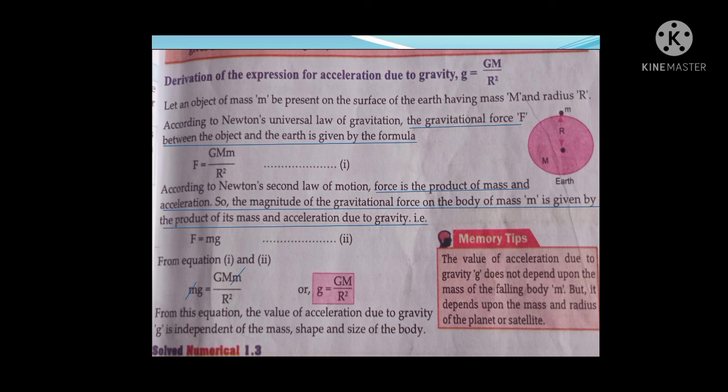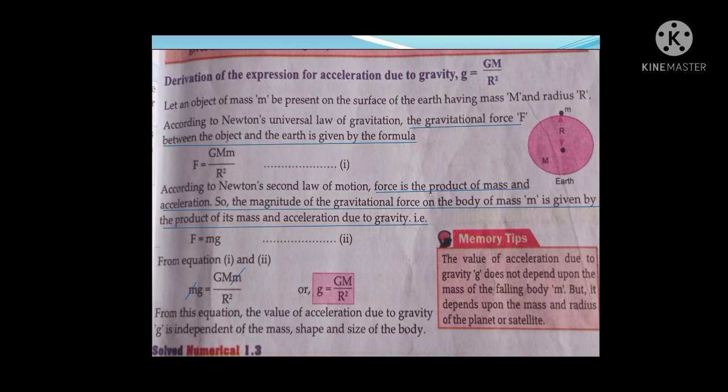Here m1 is the mass of Earth, so we'll write capital M. M2 is the mass of the small object, which we'll consider as small m, and the distance between their centers is the radius of the Earth, so we'll write capital R square, which will become our equation 1.